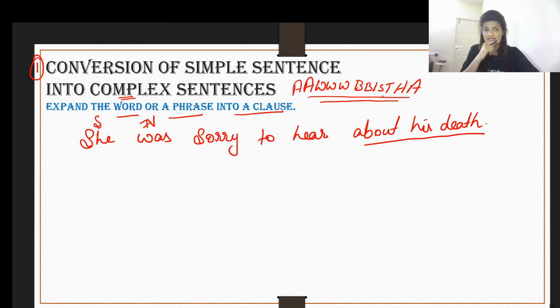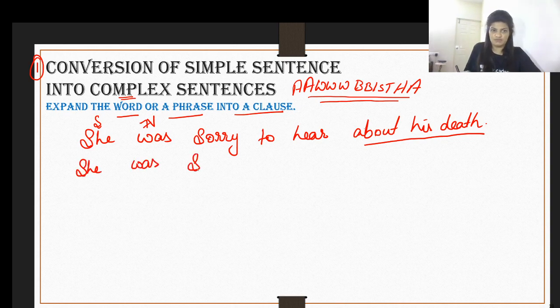Which conjunction can you bring in there, and how can you convert that into another clause? What is a condition for a clause? You will have to have a subject there and a finite verb there. And another condition is to bring in the conjunction. So what are you going to do here to convert this into a complex sentence? Let me tell you what you will do.